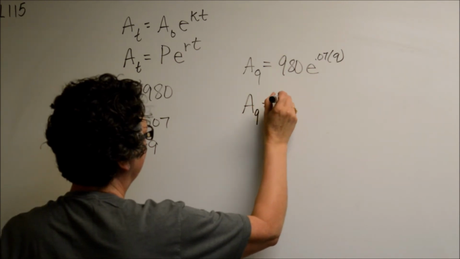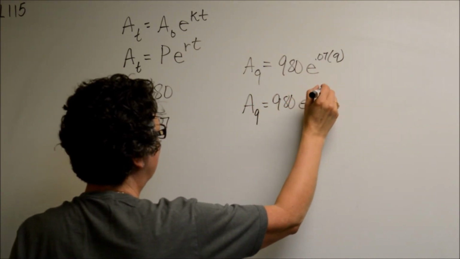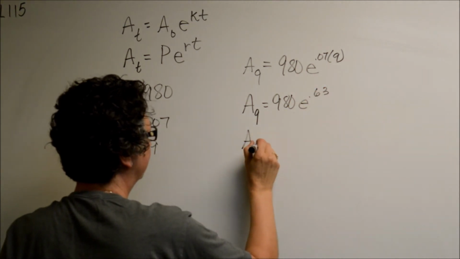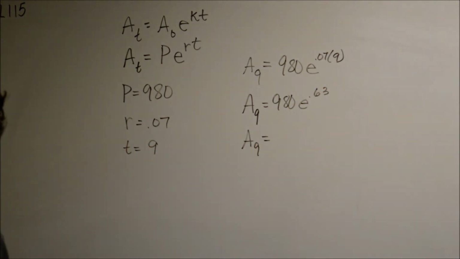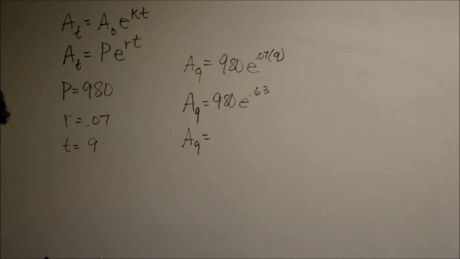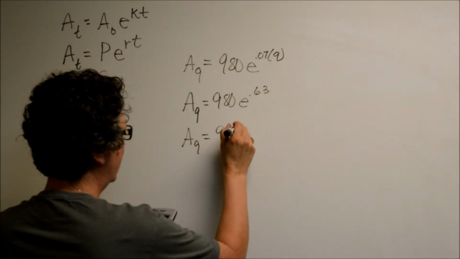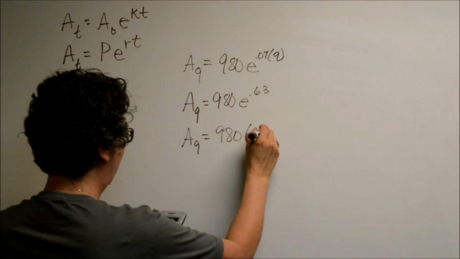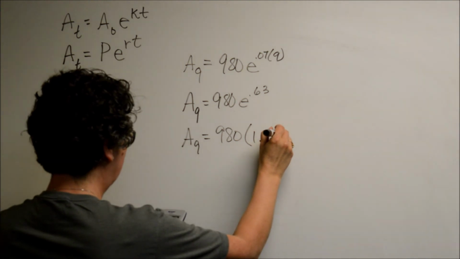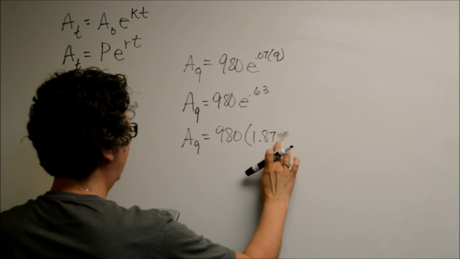So 980 e to the 0.63 power. So I'm going to take my calculator, I'm going to raise e to the 0.63 power, so you need to figure out how to do that on your calculator. And then, well, I'll write it here. 980 times 1.878.